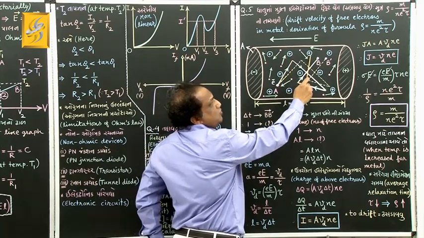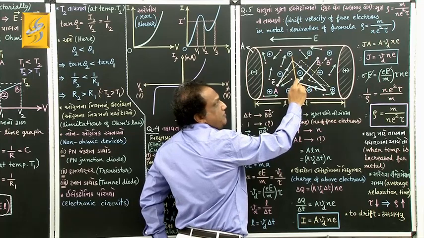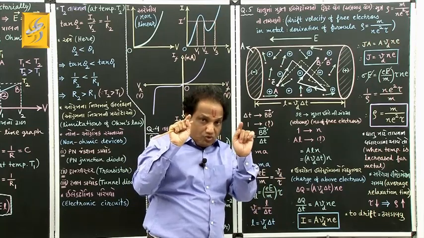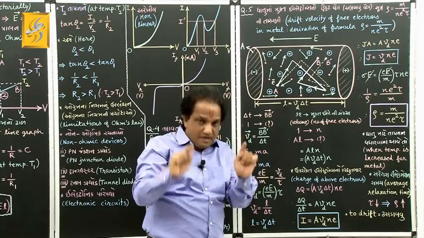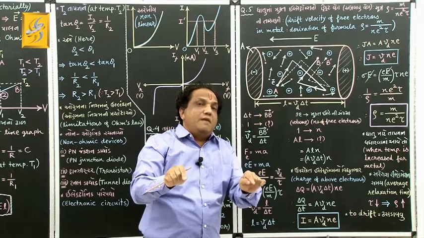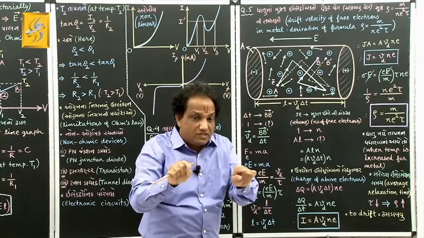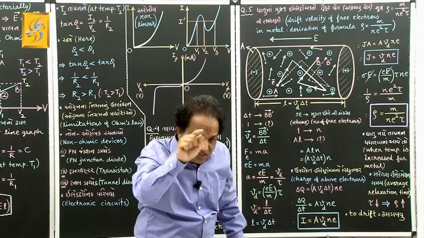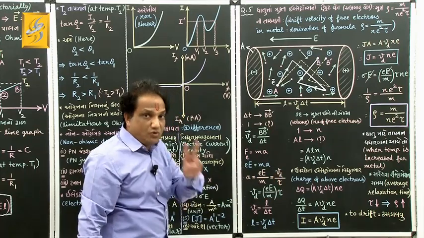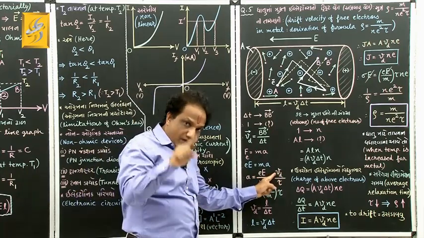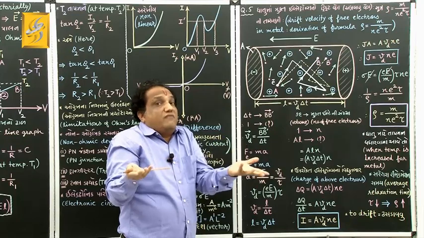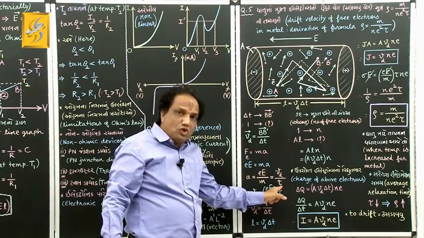Between two consecutive collisions the electron does not make any more collision, it is getting relaxed, and that is why the time taken between two consecutive collisions is known as relaxation time, shown by the symbol tau.